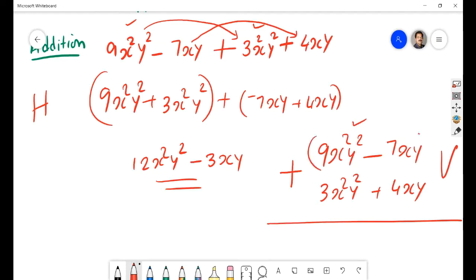This is the first set given, this is the second set given, you put it accordingly and solve the problem. Now in this case we will simply add. For the minus and plus, we find the difference, which is 3, and the sign of the bigger one is minus, and we put the same term, coefficient and variable are copied. These both are positive, total is 12, and it is 12x square y square. The problem is solved. I think you should follow this method for reducing errors of sign convention and other things.